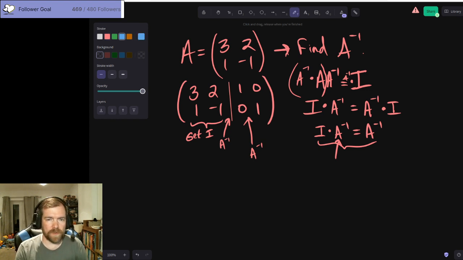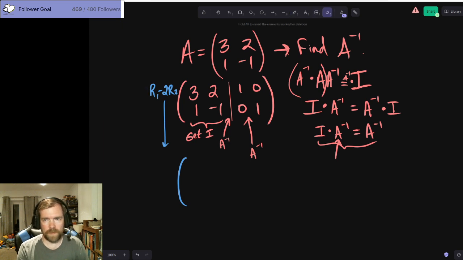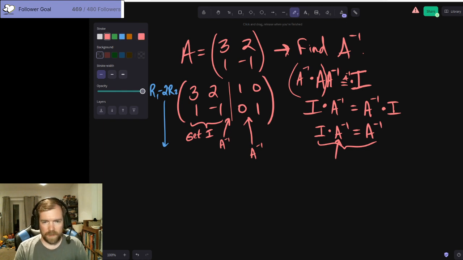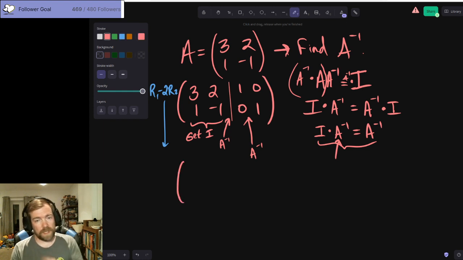So my first move is probably going to be take row 1, subtract 2 row 2. So let's keep all of our notes in the same color. Okay, so if we take row 1 is 3 minus 2 ones is going to give us 1. We're not going to change the thing below it, right? So we're not going to change row 2 at all. In theory, you could do it all at once, but it just gets to be a burden.